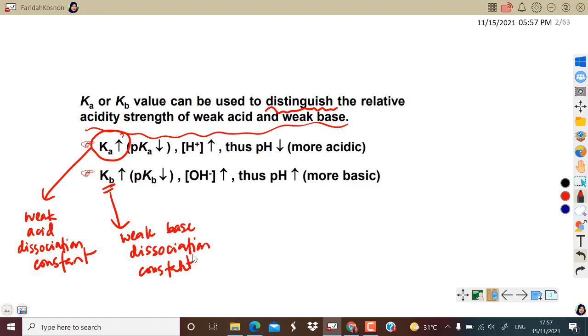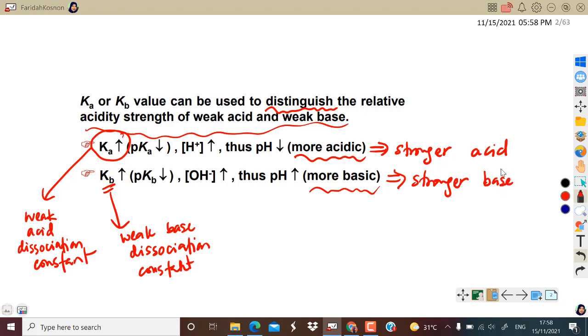So Ka dan Kb ni hanya weak acid dan weak base yang ada Ka dan Kb. So if the Ka value is greater, the solution is more acidic. Means it is a stronger acid. If the Kb value is greater, okay, it is more basic, where it is a stronger base.